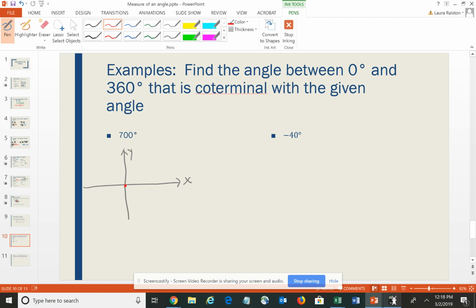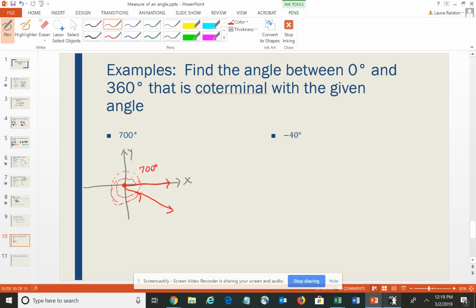We start with our standard position, initial side on the positive x-axis. We rotate one full revolution, that's 360. If I come all the way back around again, that's going to be 720. So I'm not quite all the way around a second time. So this would be the actual 700 degree angle.